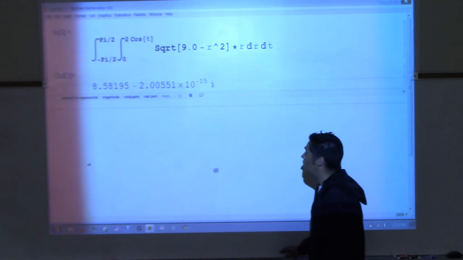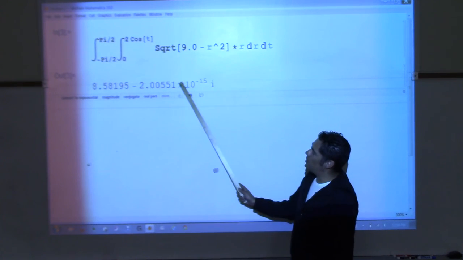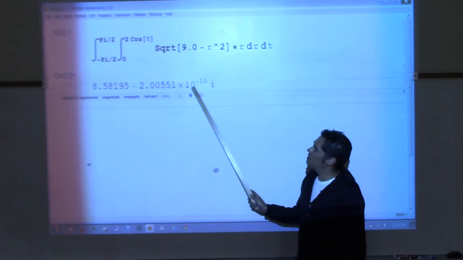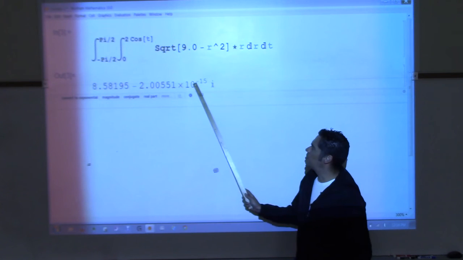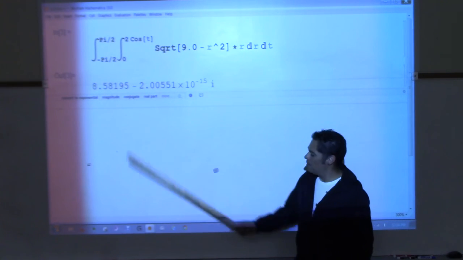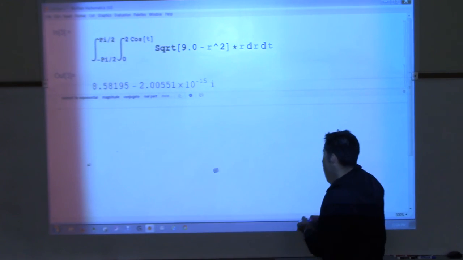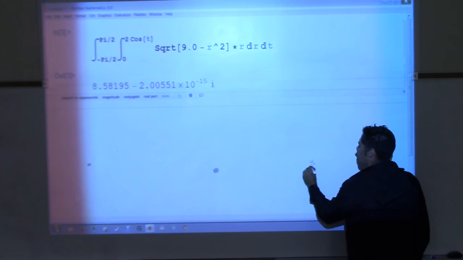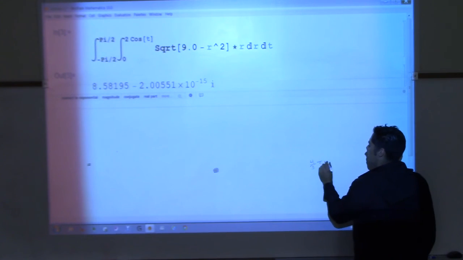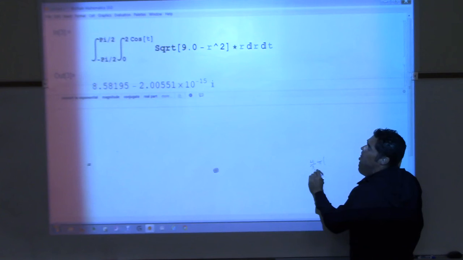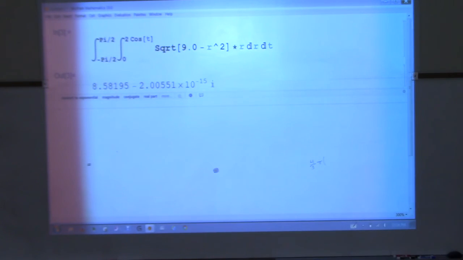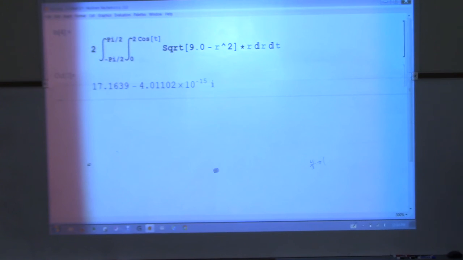This is essentially 0, 10 to the negative 15, an infinitesimally small number, basically a 0. So about 8.58. What was the volume of the sphere? It's 4/3 pi. Oh yeah, I didn't double it. So double. I'll have that do that while we're thinking here.